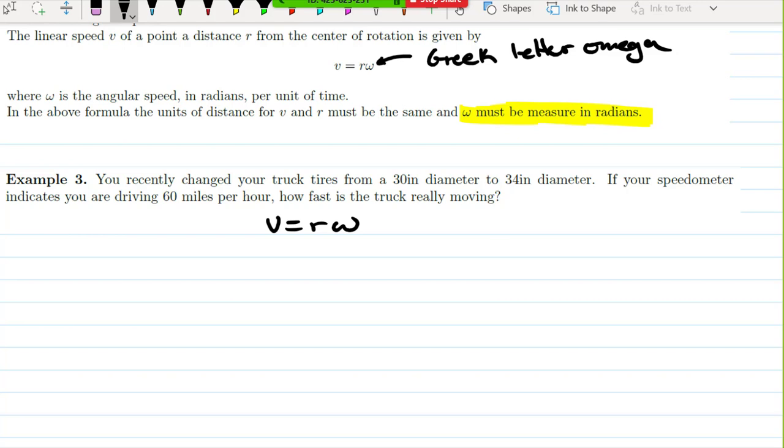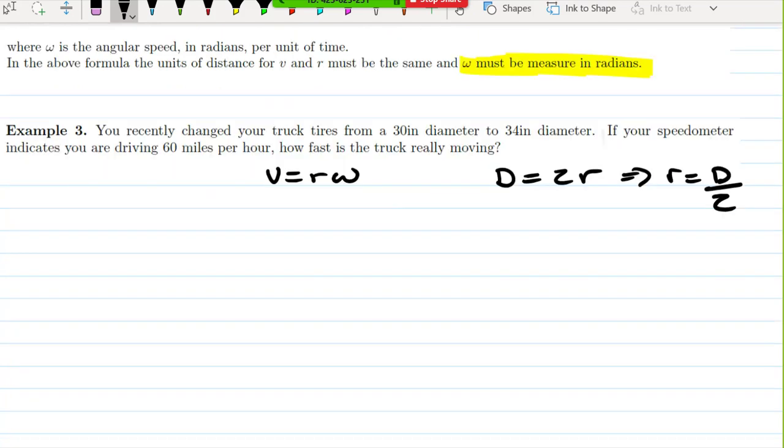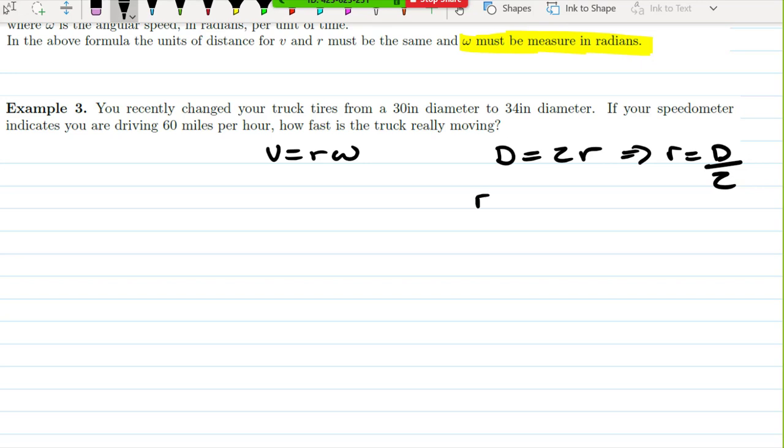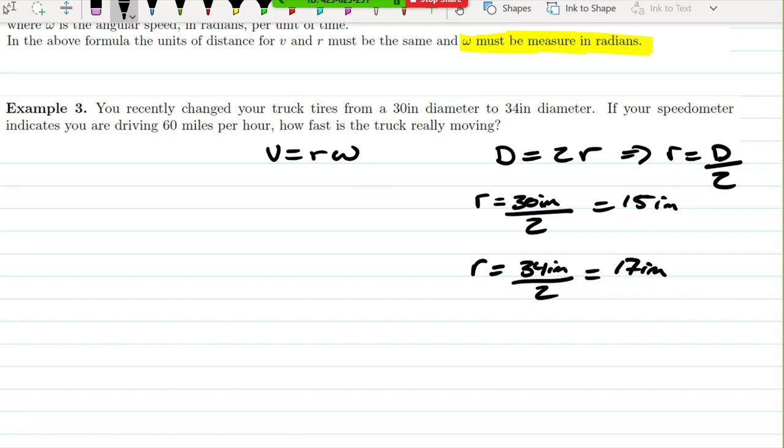So we need to remember that the diameter d is equal to twice the radius, which tells us that the radius is d divided by 2. We're going to have two different radii. Our starting radius was from a 30-inch diameter, so 30 inches divided by 2 is 15 inches. And our second radius is 34 inches divided by 2, which is a 17-inch radius.